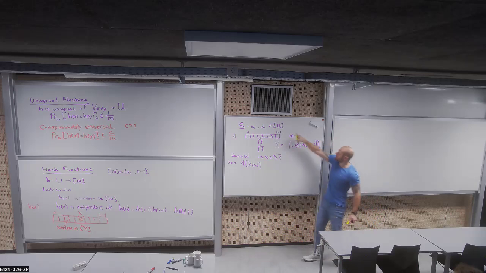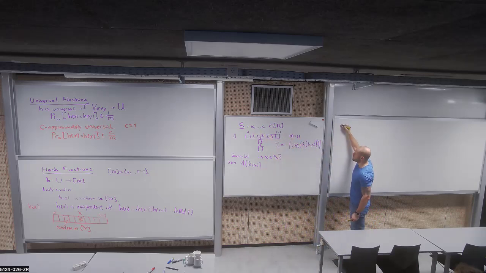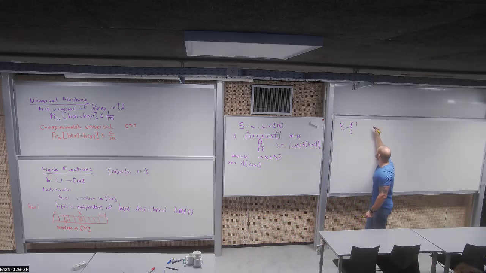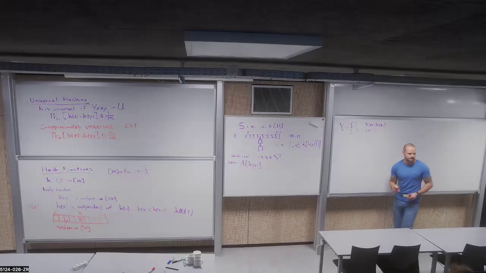So remember again, S is this set of keys, x1 to xn. Let us define these random variables, and to distinguish them, let me call them yi. This random variable yi takes the value 1 if the hash of x is equal to the hash of xi, and 0 otherwise. Like this, right?